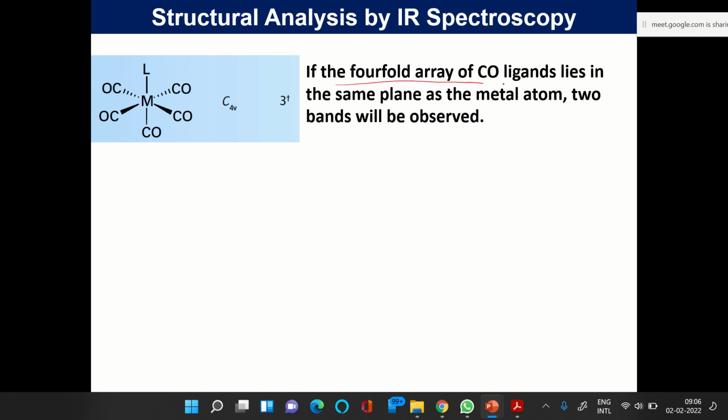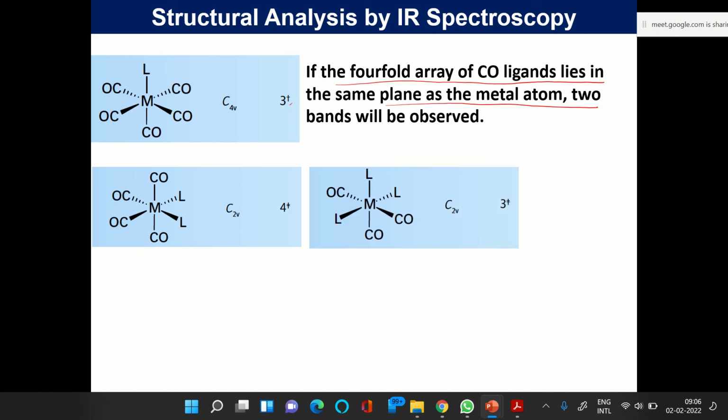If the fourfold array of CO ligands lies in the same plane as the metal atom, only 2 bands will be observed. So that is the explanation of the exclamation mark that was given. If the fourfold array of CO ligands is not in the same plane, then you will get 3 bands, otherwise it will be less than that.